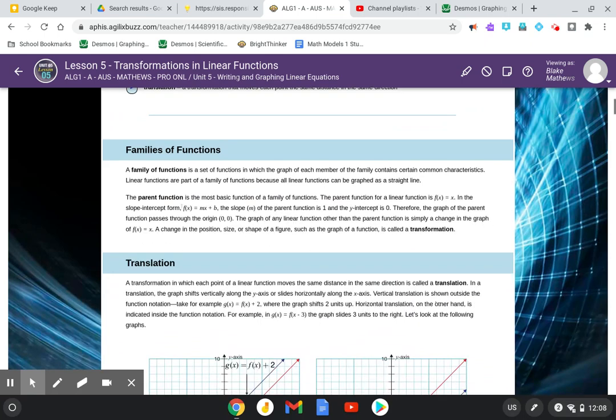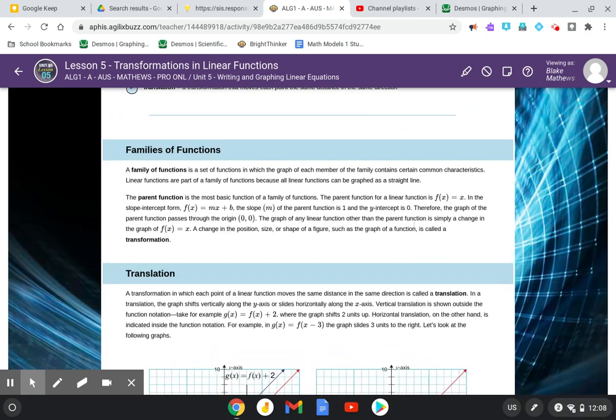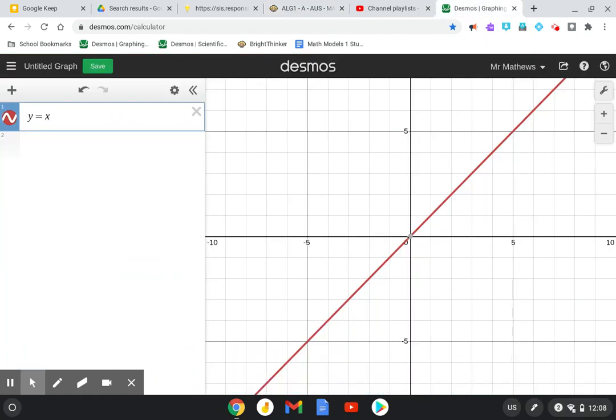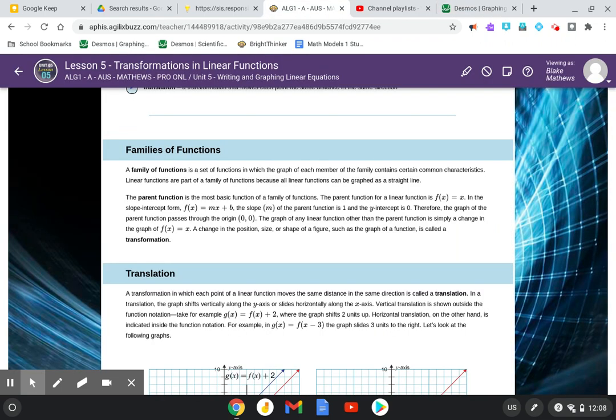So instead of y equals mx plus b, it's f of x equals x, or y equals x. The graph crosses through the point (0, 0), and there are no changes being made. The slope is 1, and the y-intercept is 0. So we have no alterations. It's its most basic version. That's what we're referring to when we're referring to parent functions.